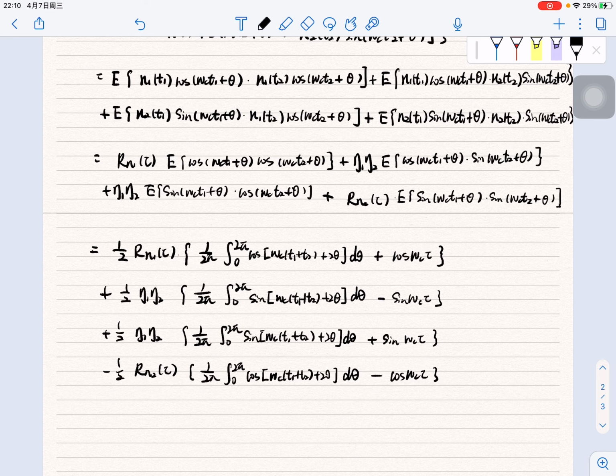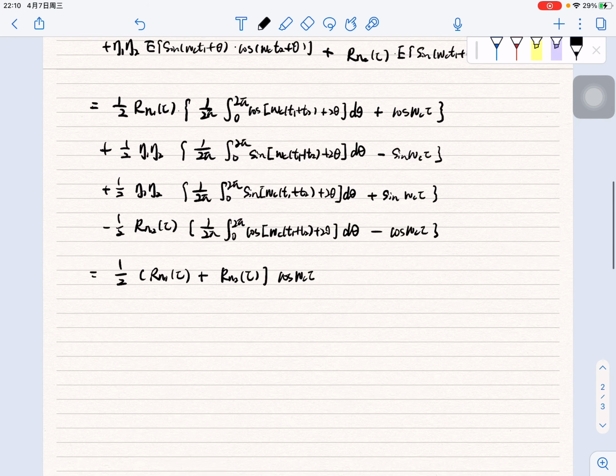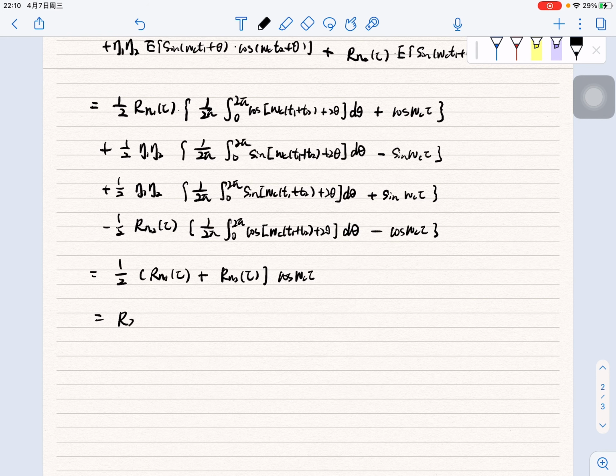We calculate and get the answer. It is 1/2 (Rn1 plus Rn2) cosine omega c tau, which equals Rz(tau).